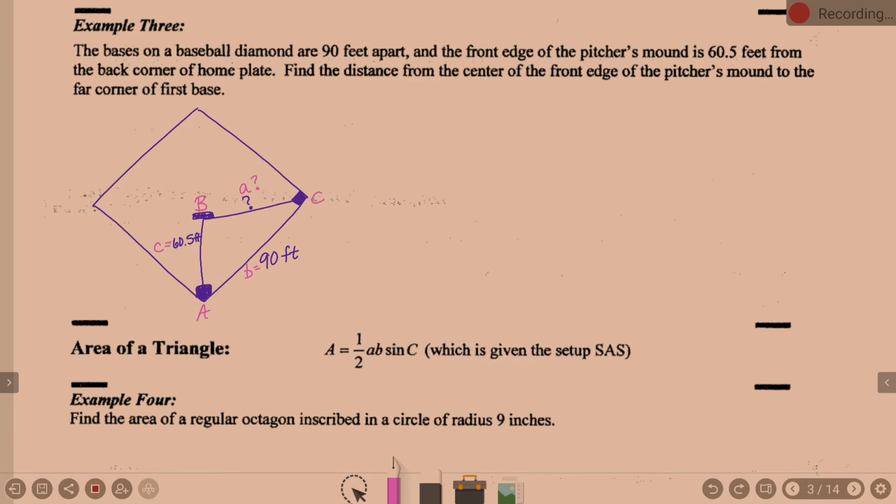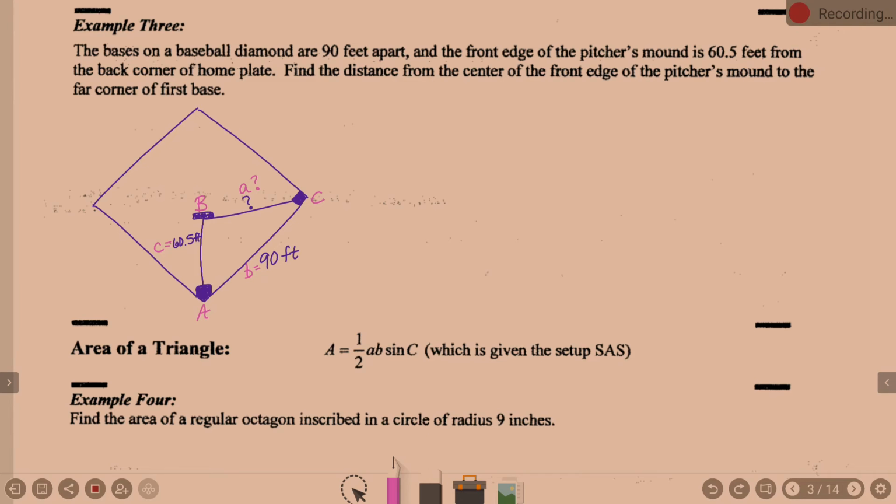Do we need to find A? We're going to have to know some kind of angle in here, aren't we? Wouldn't angle B be 90? Angle B would only be 90 if it was on a straight line between first and third.